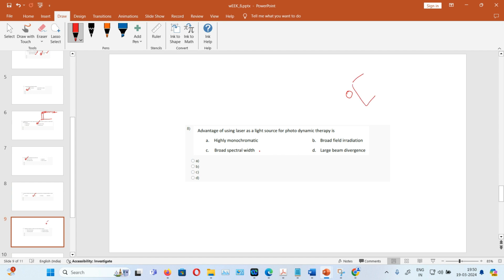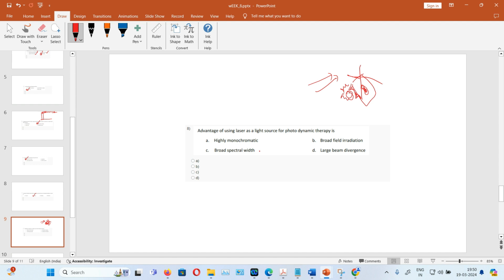The photosensitizer is attached to some particular cell, and when it is radiated with light, the sensitizer gets activated, and this will destroy the cell. This is the photodynamic therapy method.